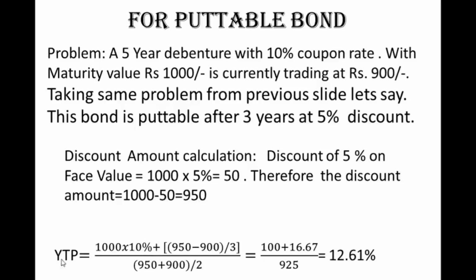So the YTP, that is yield to put, will be 1000 into 10%, which is your interest, 100, plus 950 minus 900. Now your future value is discounted, since you are calling off the association between you and the company, and that is the reason why your redemption will happen at a discount.